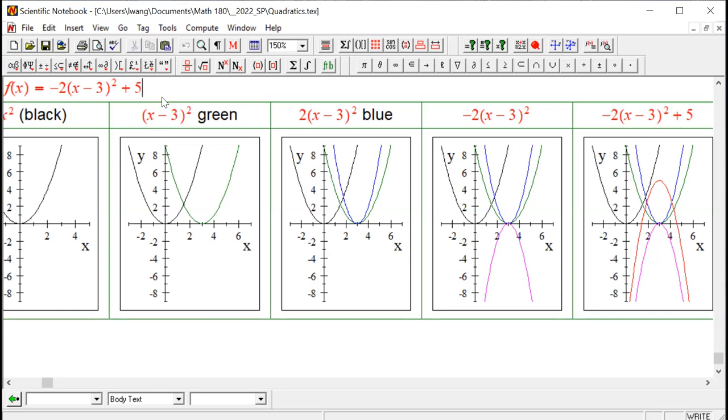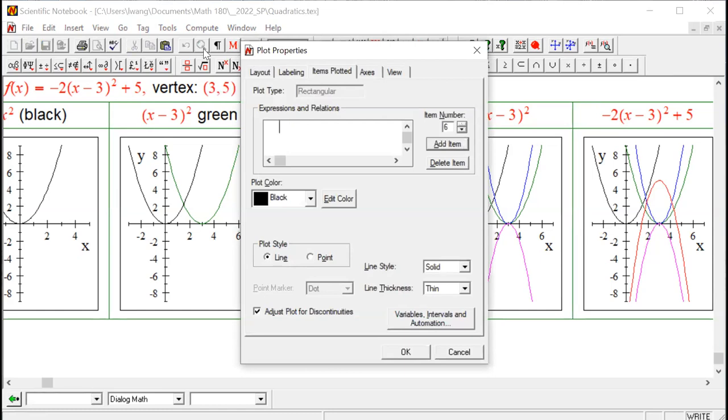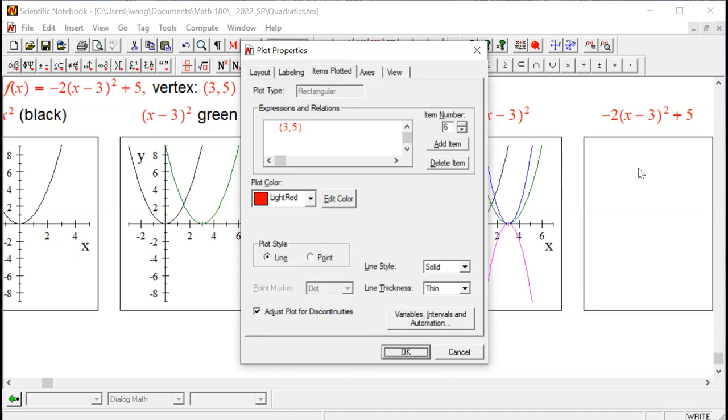So the vertex here is at 3, 5: x - 3, and +5. So you put that 3, 5 in the picture. I'm just going to copy that point and put a red dot.